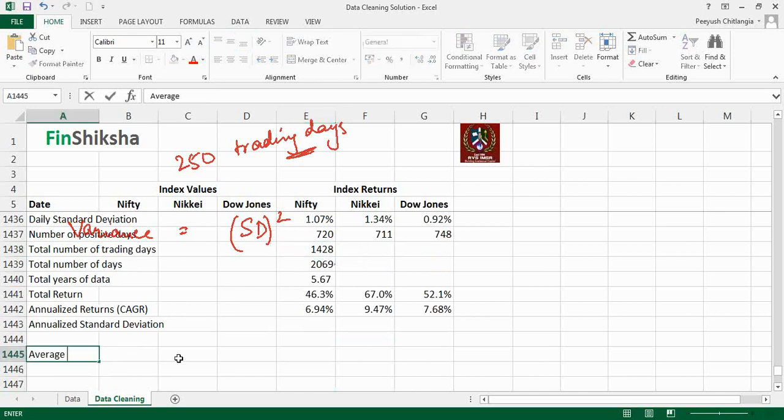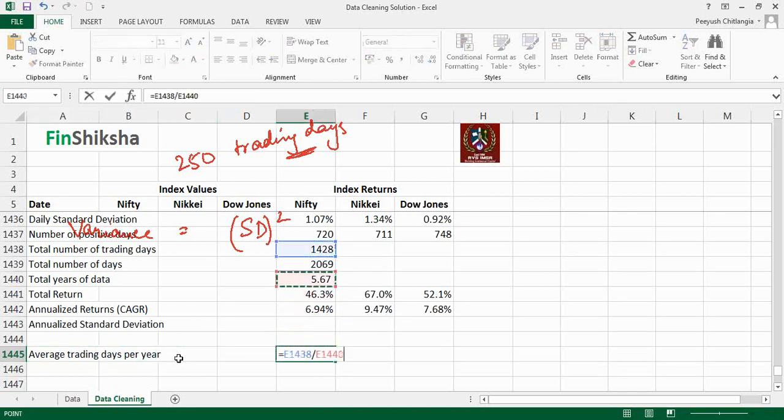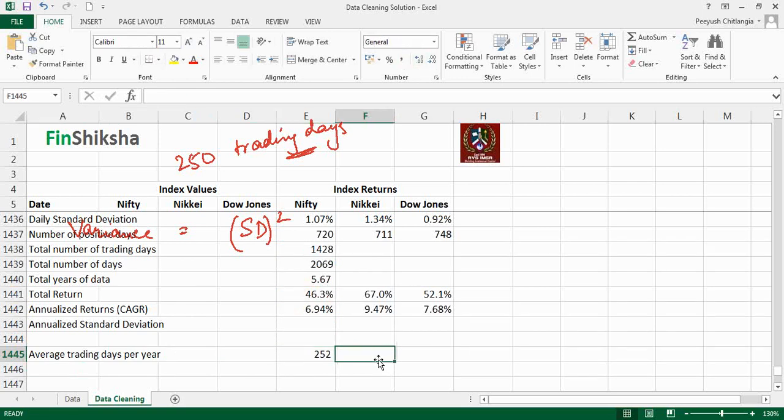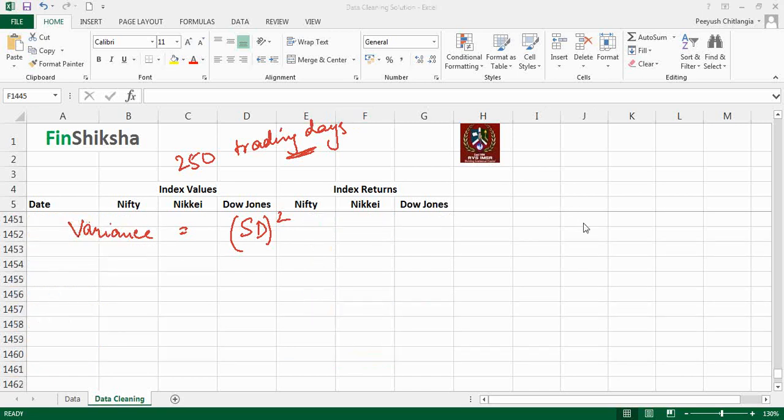So average trading days per year is nothing but 1428 divided by 5.67, and you see we get a number of close to 252, right? So we have 252 trading days during the year. So to annualize the variance, first we take the standard deviation, square it, and then we multiply it with 250.